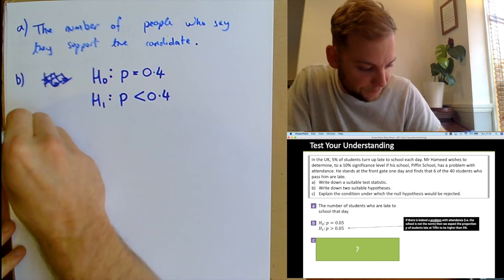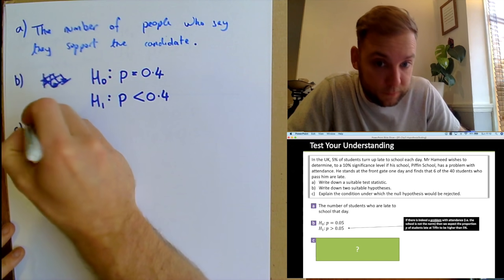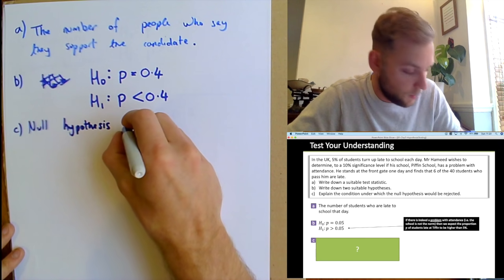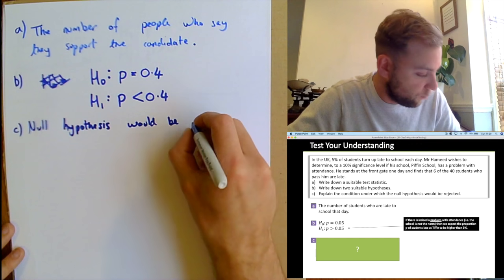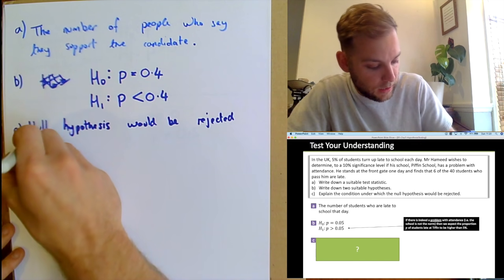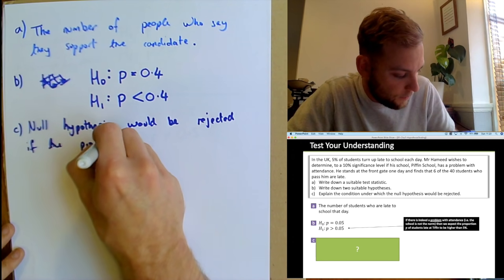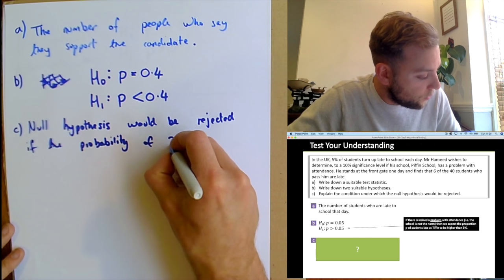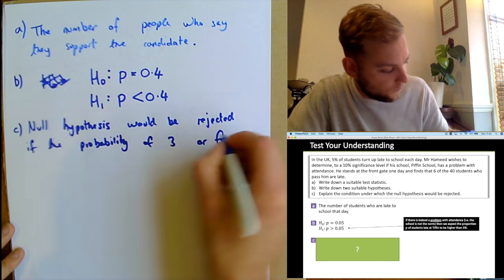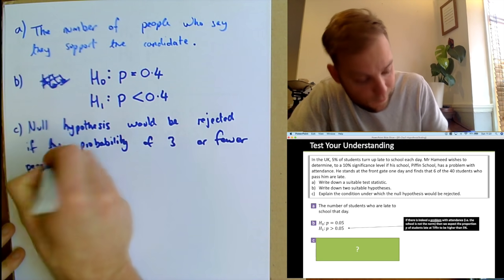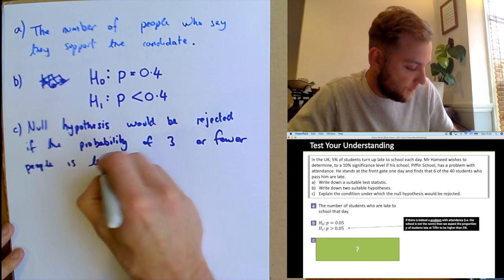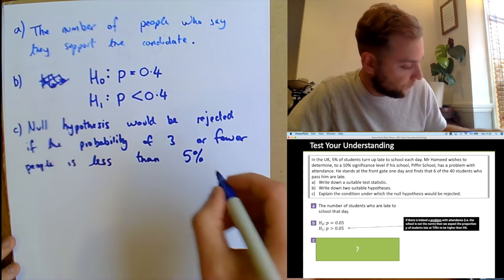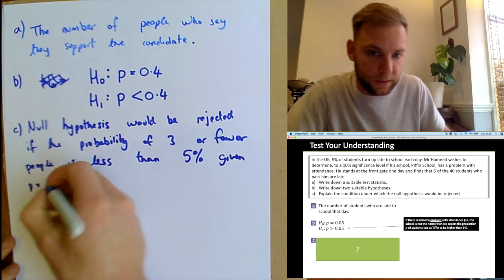Okay, so part C. So our null hypothesis, never spell hypothesis, would be rejected if the probability of 3 or fewer people is less than 5%, with a population parameter given, probability is equal to 0.4.